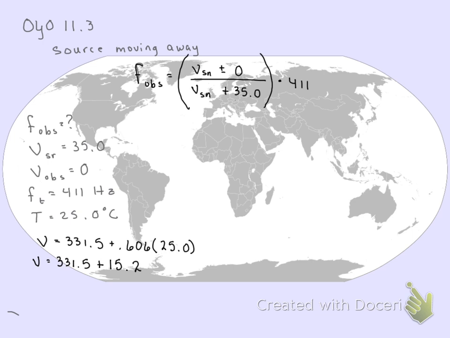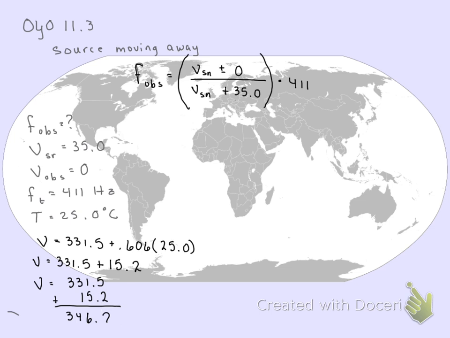product there. Now, in order to get the velocity, we're going to line them up or stack them. 15.2. And it just so happens that this is going to work out very nicely. Okay, so we'll just add straight down each column, knowing that all the numbers that we get in our answer, we need to keep. Okay, so that would be 346.7, because remember, this was our significance as far as adding.